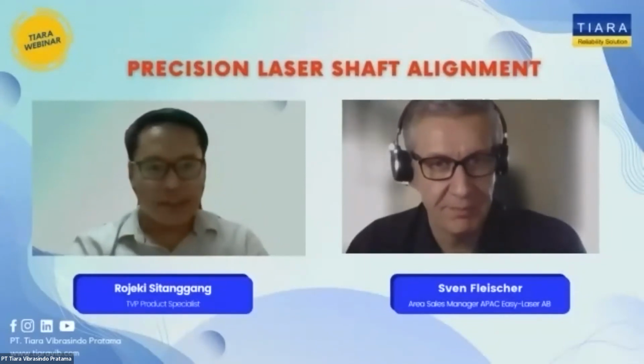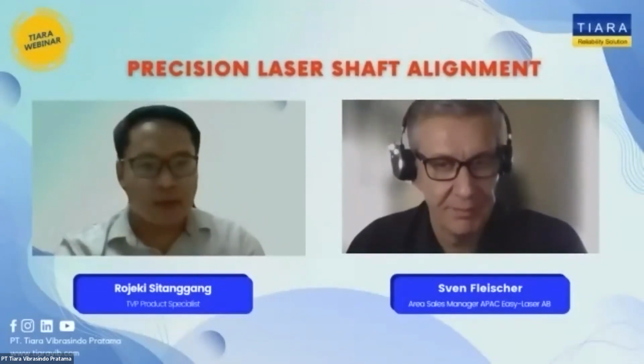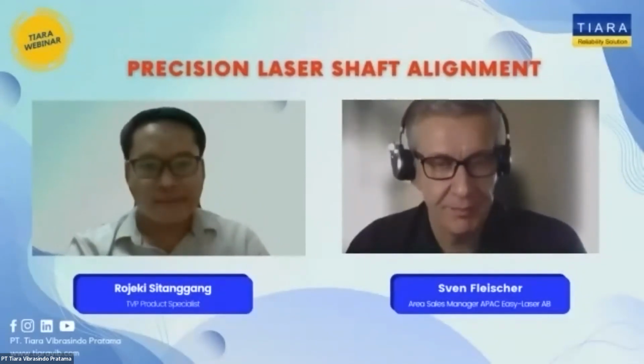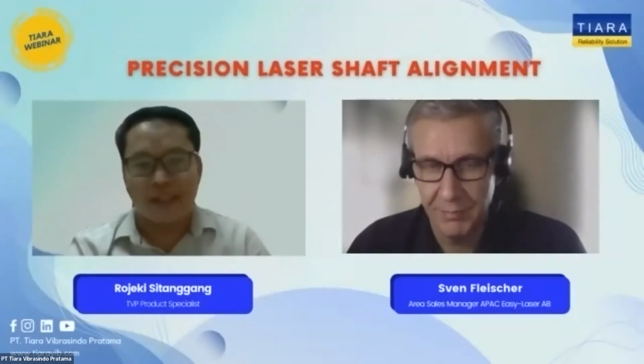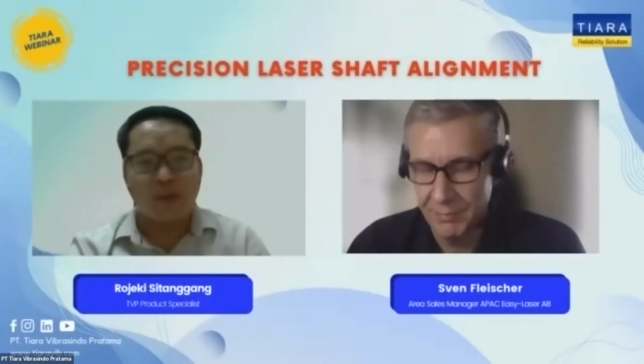Yeah, thank you. And then the second question from Pak Gopinaga. You do alignment on a machine, and after a period of time, the alignment gets disturbed and does not achieve the same value again. What is happening?